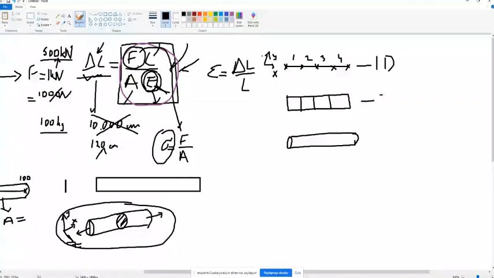And after that, you will have the solid model. 1D model, 2D model, and 3D model.